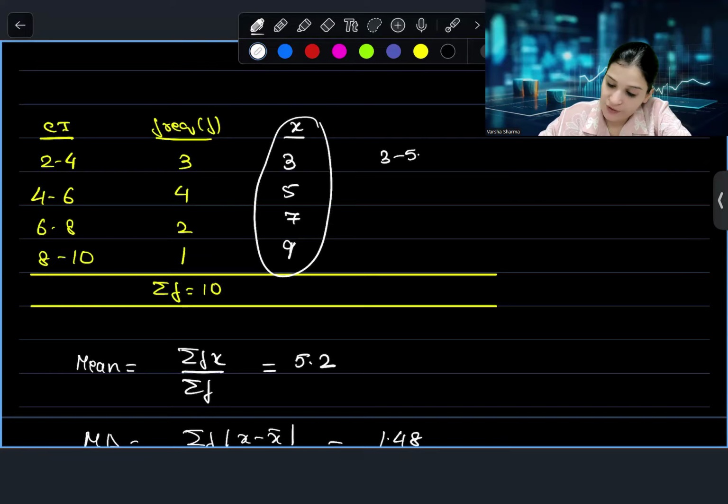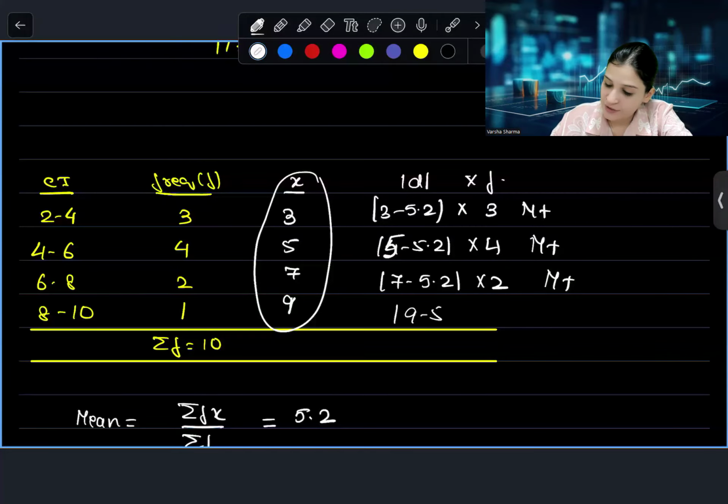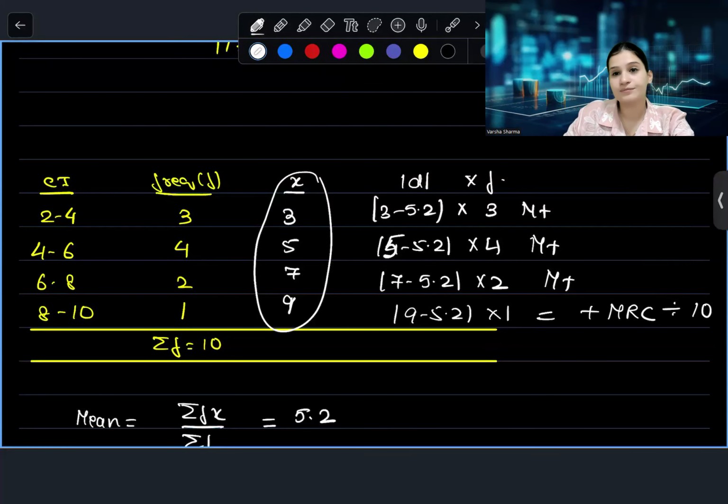So 3 minus 5.2, change the sign. This is the absolute value of D. Multiply by frequency M plus. 4 minus 5.2, change the sign, multiply by 4 M plus. 7 minus 5.2, multiply by 2 M plus. 9 minus 5.2 multiplied by 1 equal plus MRC divided by total frequency.